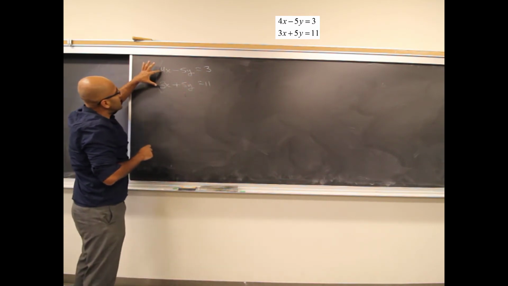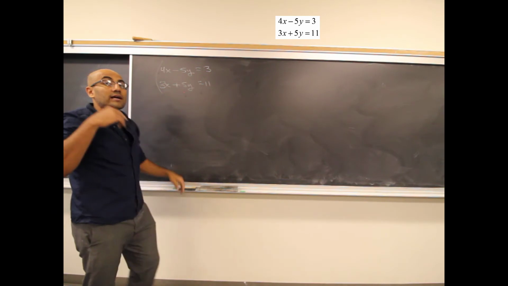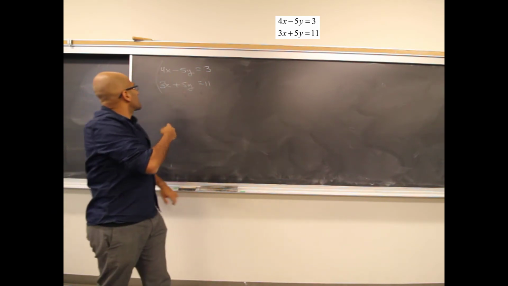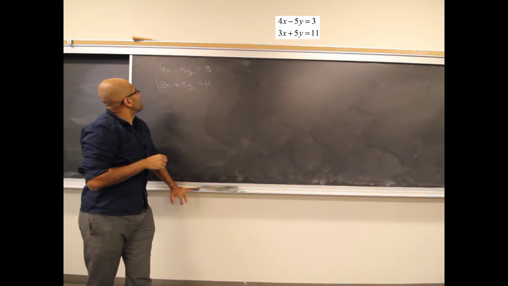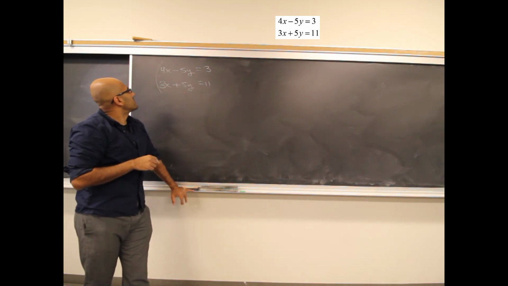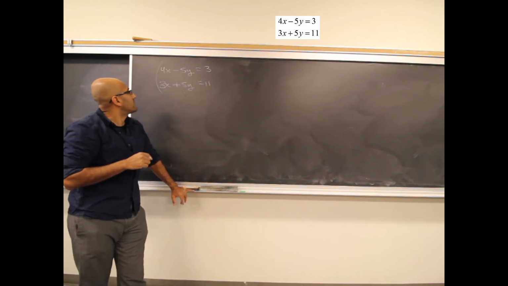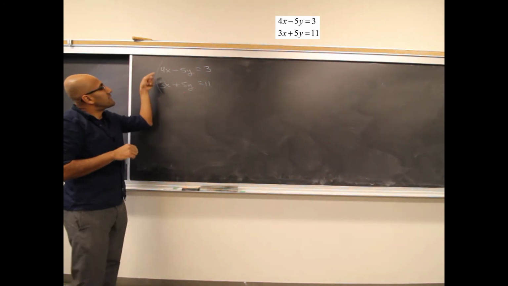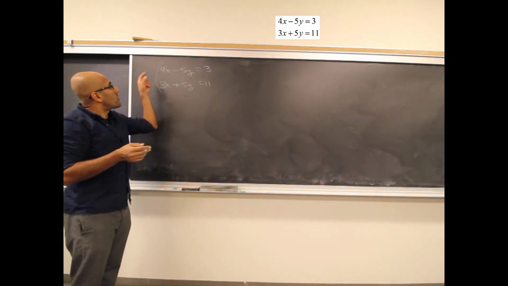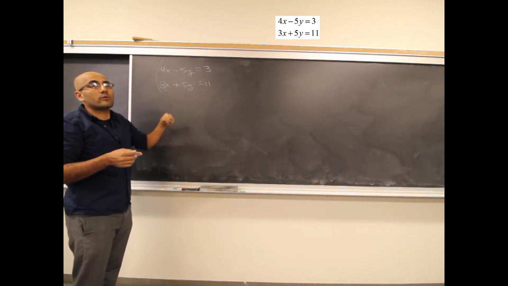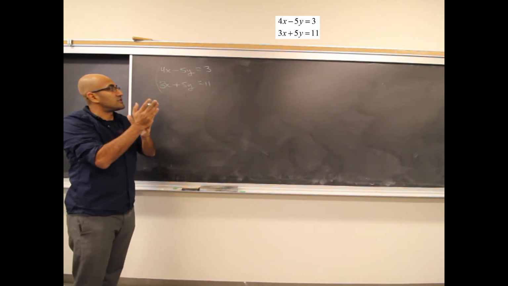So we look at the 4 and the 3, we've got to think of a common multiple. When they're small numbers like this, especially if one is prime and the other doesn't have the prime of the other one, 12 is the smallest one we can use, right? So I want one of them to be positive 12, the other one to be negative 12. That way they add up to 0.